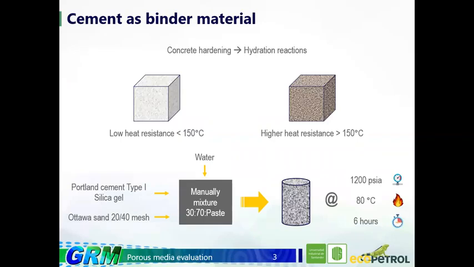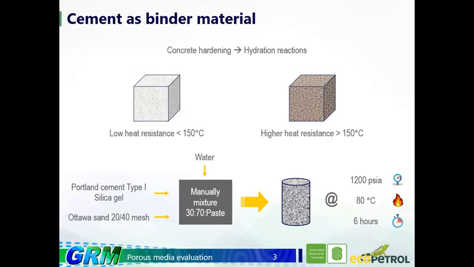For this one, the concrete hardening is related to the hydration reaction. This appears when the water touches the cement, and different properties could be obtained. For example, one of them is the heat resistance, but with a limit of 150 Celsius degrees.